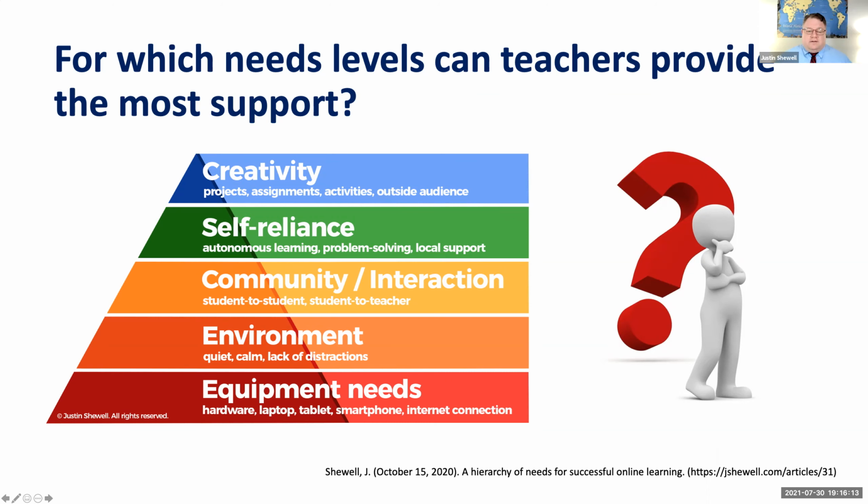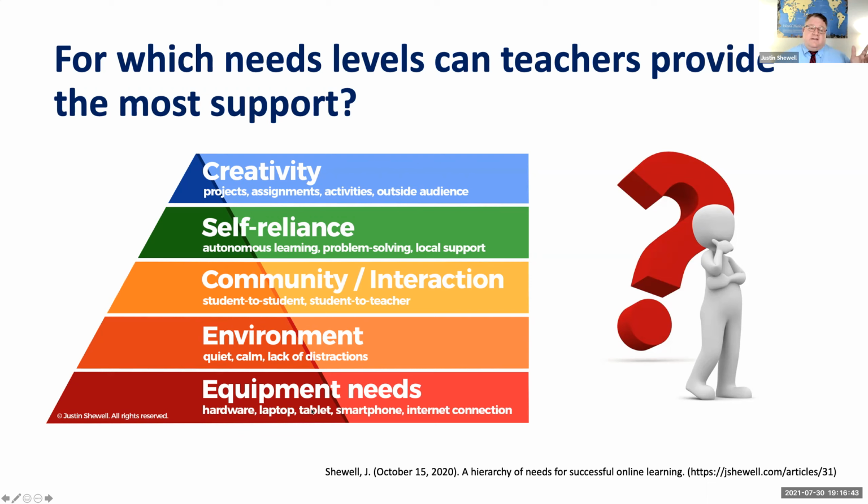So of these 5, environment and equipment needs, those are the ones that teachers have the hardest time controlling. Many times teachers don't have control over students' equipment. Your students might have a computer at home, they might not. The school might be able to provide a computer or equipment to the students, maybe not. As a teacher, I can't go and get my students' equipment, right?